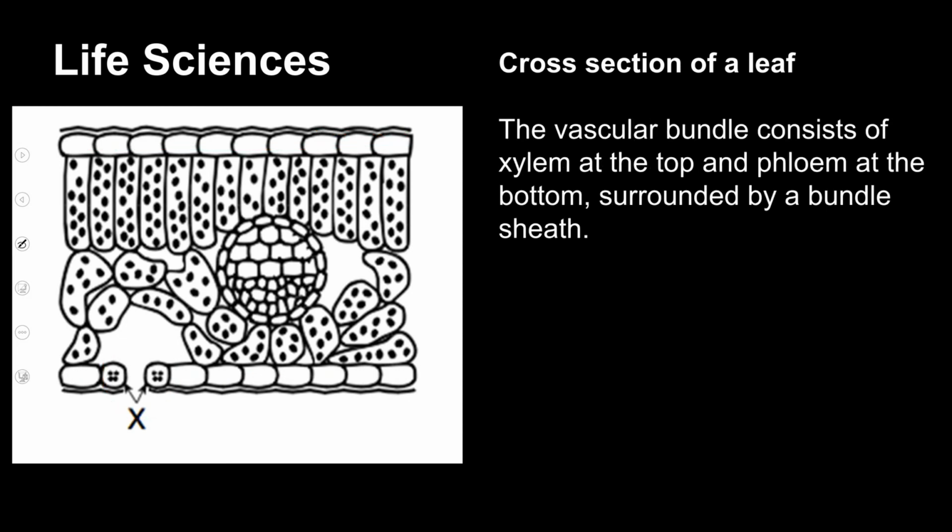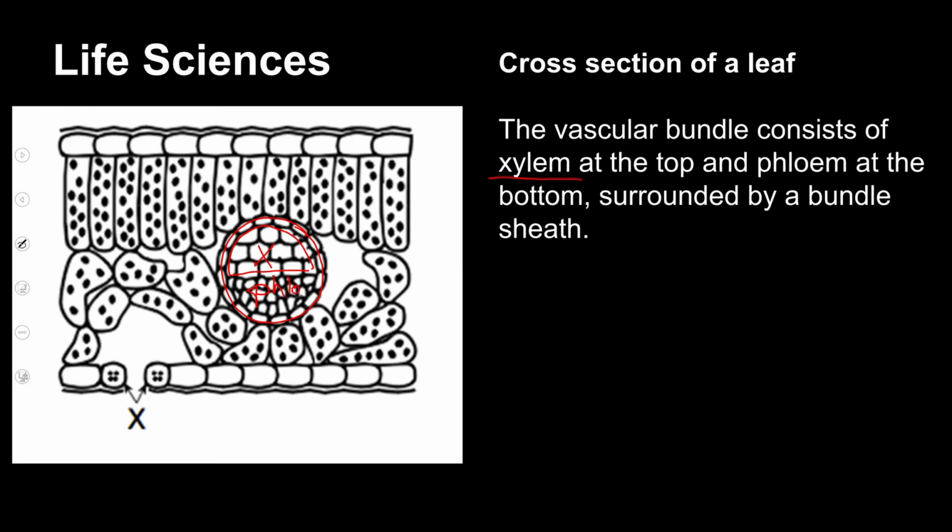What else can we recognize? One of the small vascular bundles. At the top, it's got big cells with thick walls, and that is your xylem cells. And we know because they've got thick walls, and then phloem cells at the bottom.